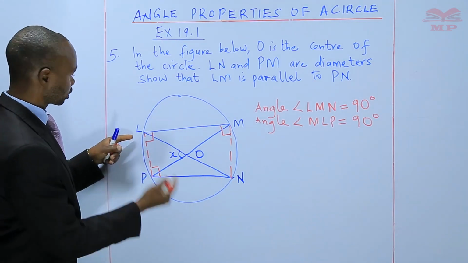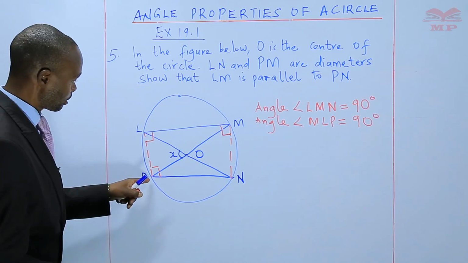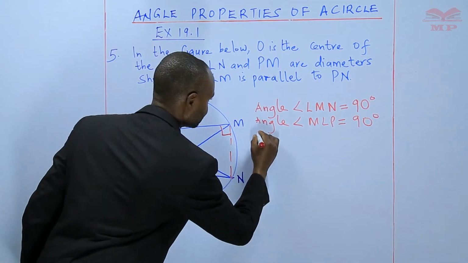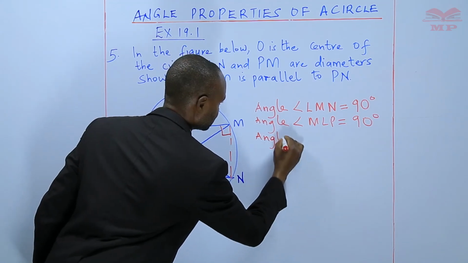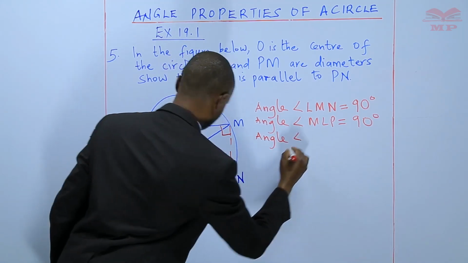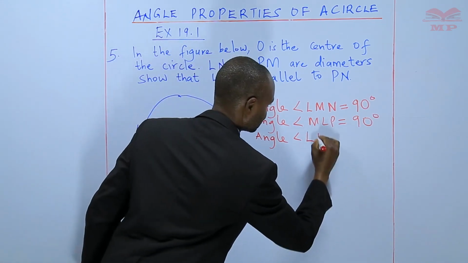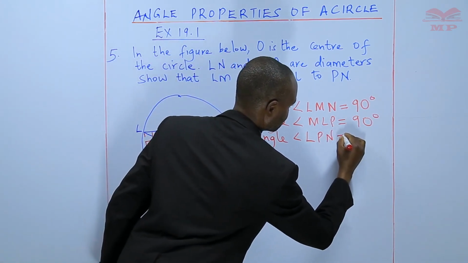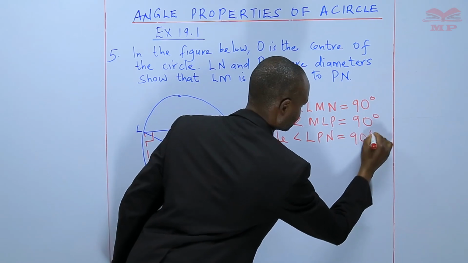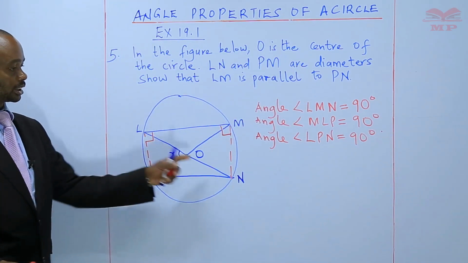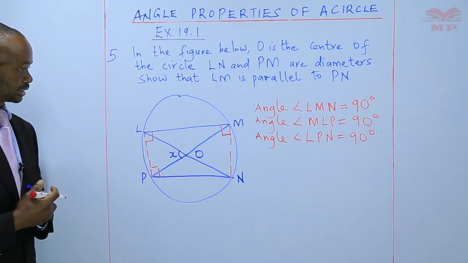So it goes without saying that angle LPN is equal to 90 degrees. Reason: it is subtended by the diameter.